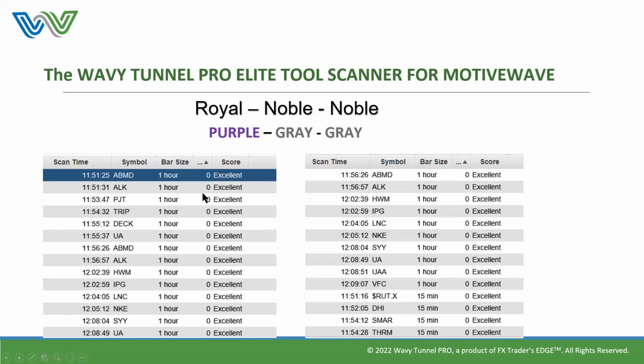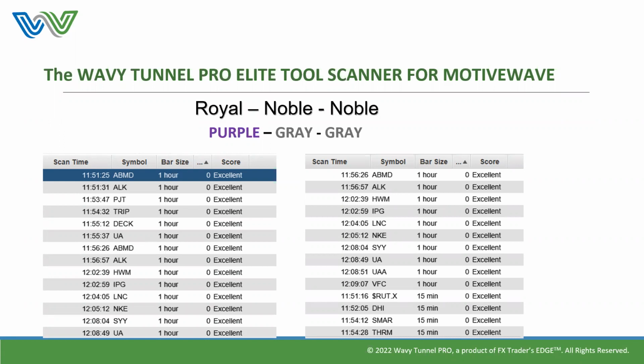So when you get 0 excellent if you're scanning on the hourly chart, because it's hourly, if you think that the day is going to be positive, that stocks are going to be moving up, that we've sold off a lot, and there's signs that it's going to turn around and move back up, then you want to look for the longs.